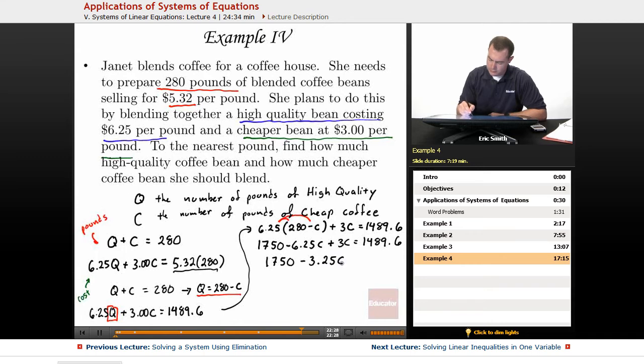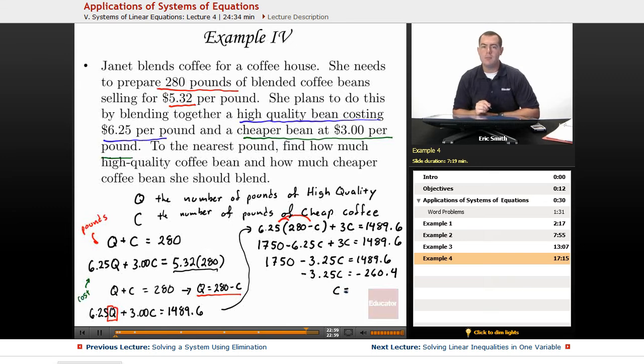Minus 3.25C equals 1489.6 minus 1750. Okay, so we almost have C all by itself. Let's get there by subtracting the 1750 from both sides. So negative 260.4.